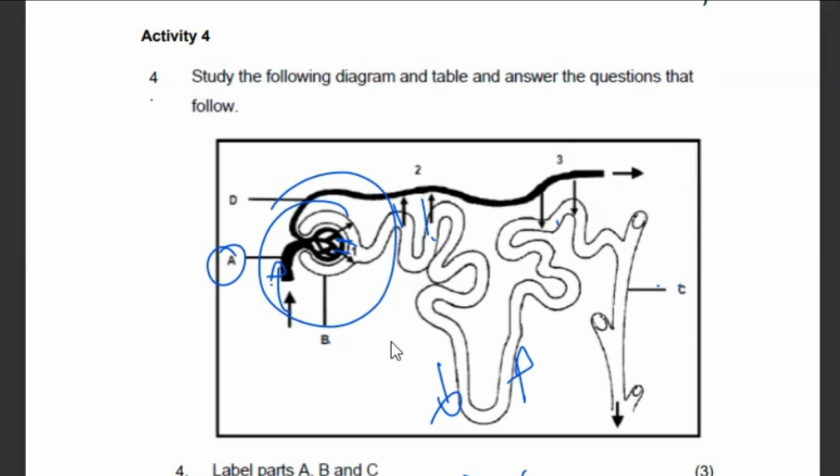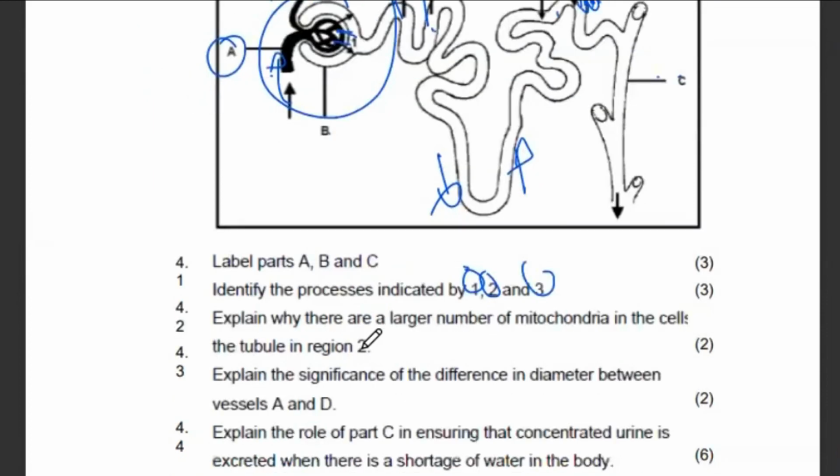Not everything is being reabsorbed, but it's a reabsorption. And then 3 is excretion or secretion. It can be secretion or excretion, that's why you find that urea increases in amount because of what happens in there. So 3 is secretion or excretion.